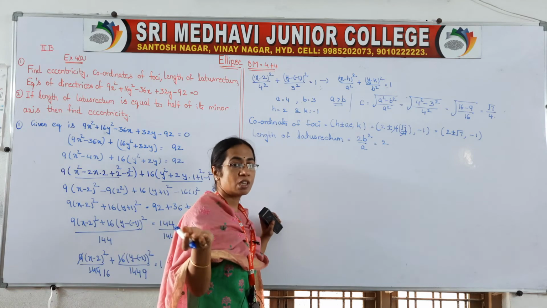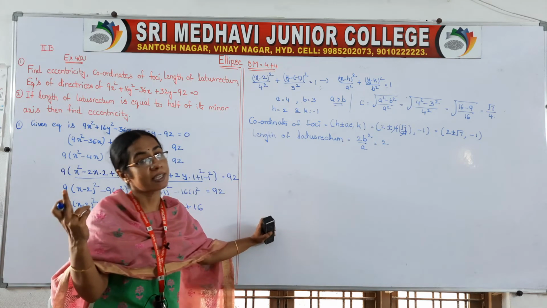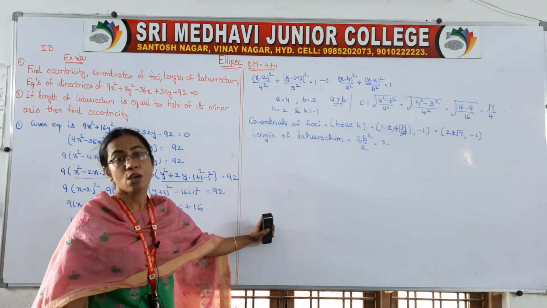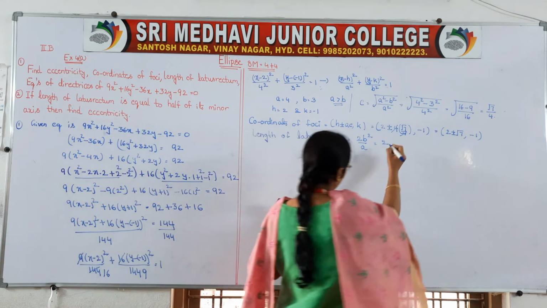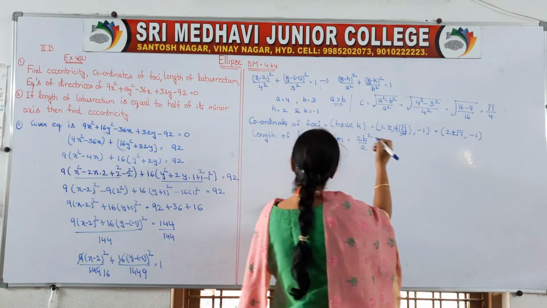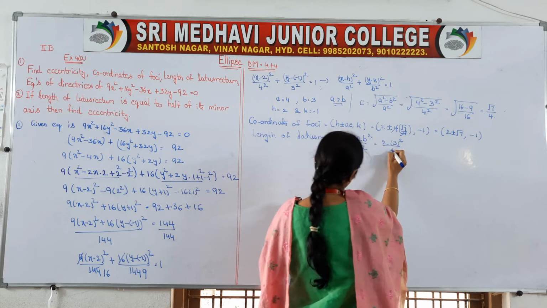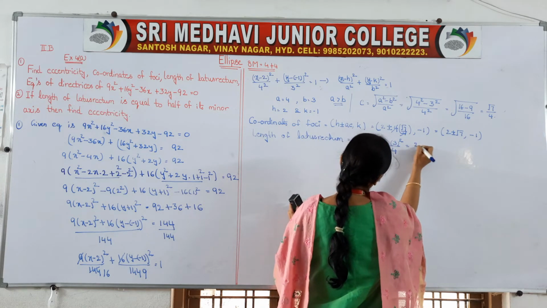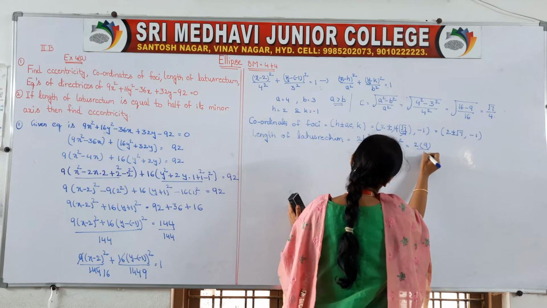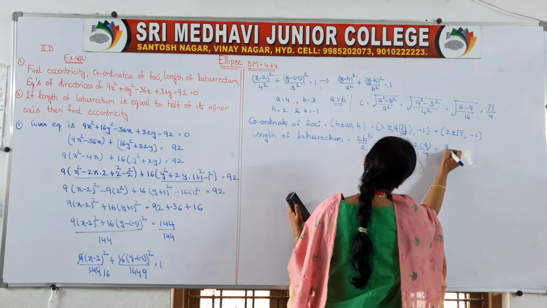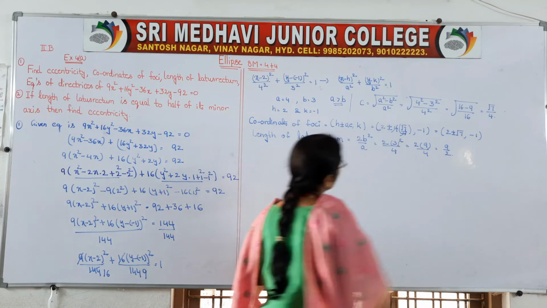We did the same in parabola also. There it was for a 7 marks question, here it is for a 4 marks question. So b square, what is your b? 3. 3 square by a, which is 4. So 2 into 9 by 4 is equal to 9 by 2.